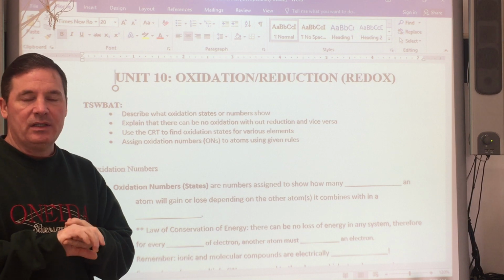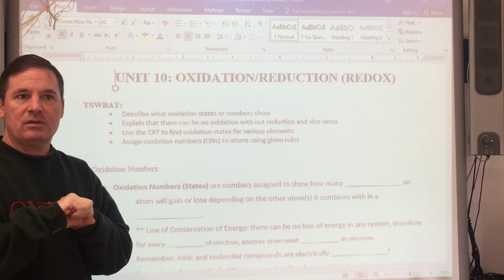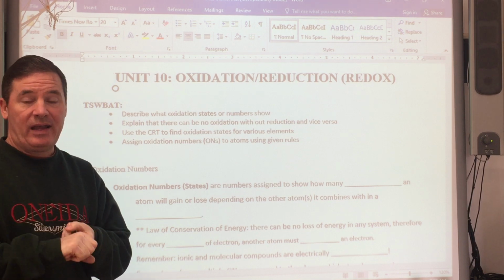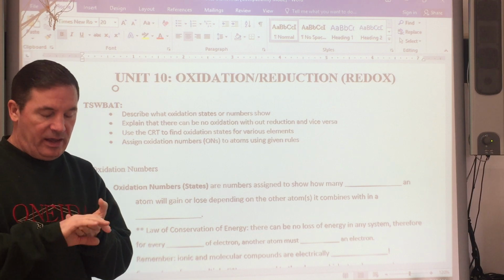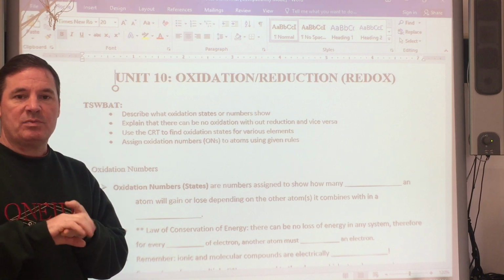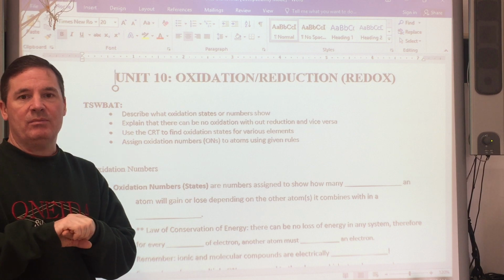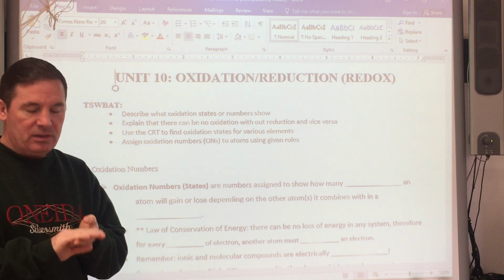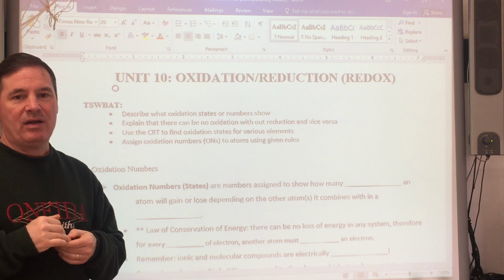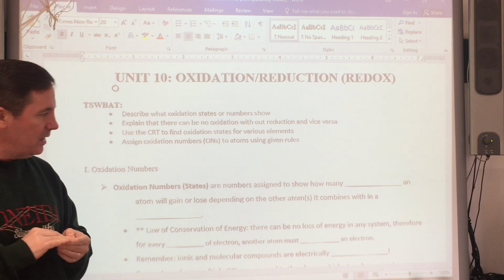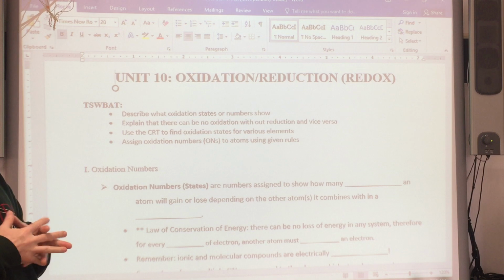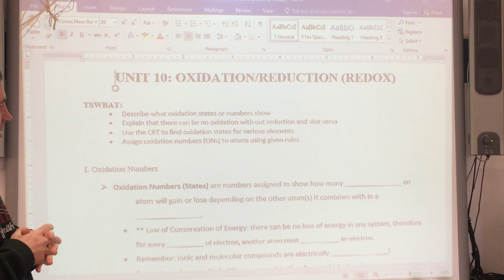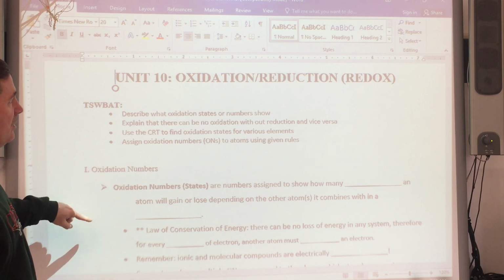The second part has to do with oxidation reduction reactions. After that, we kind of split it in half, and these we learn about half reactions. And the last part is about different kinds of batteries. Okay, so that's kind of the 3 or 4 main parts of this particular unit.